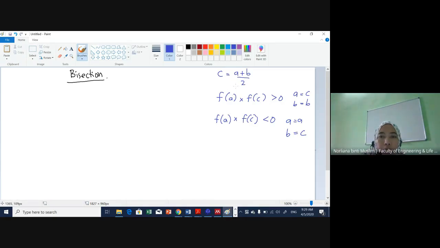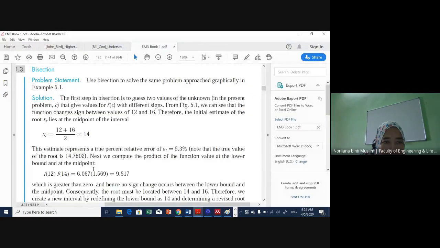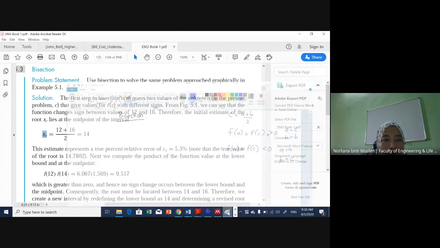Okay, so the one in the ebook, I'm using FA. The one in the ebook, they are using XU. Okay, this XR is the C. Okay, XR is the C. So I prefer to use very simple symbols. As this XR means the one that I put down here is C. So it's the same formulation.